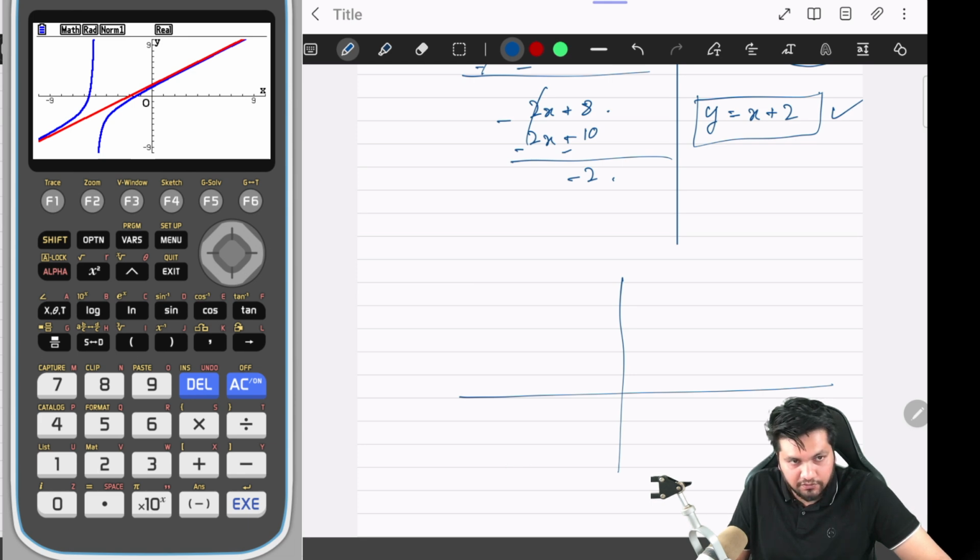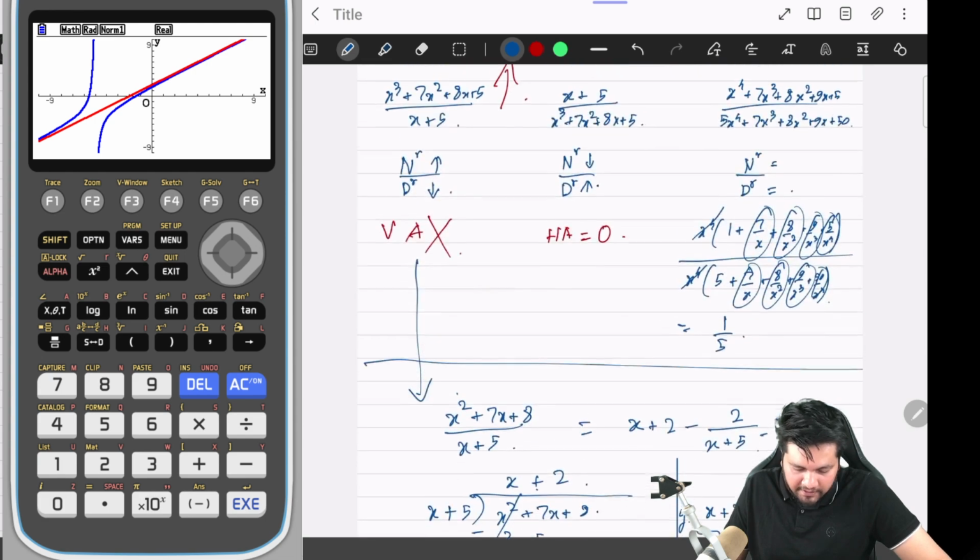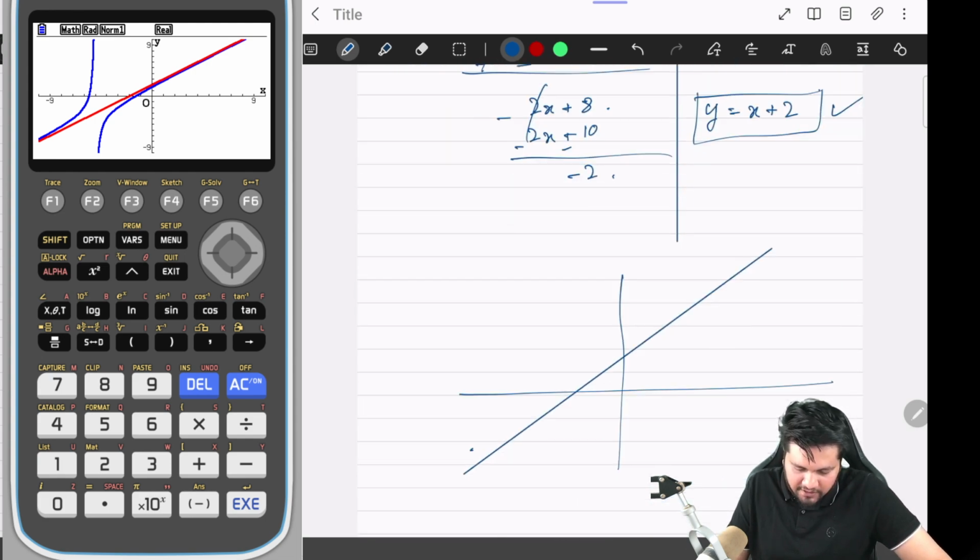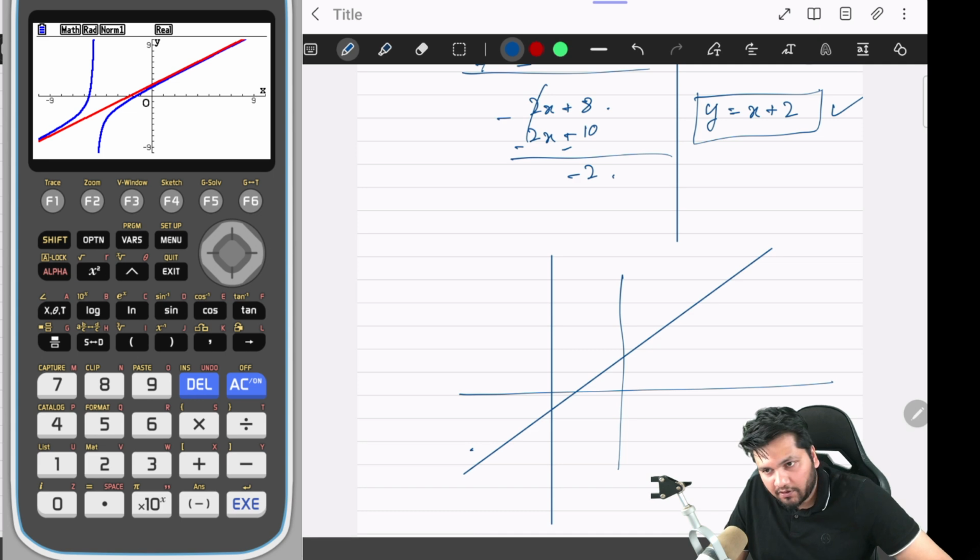So it would be somewhere here. And the vertical asymptote was x plus 5, which is minus 5, so minus 5 will be somewhere here. So this is your vertical asymptote, and this line is your oblique asymptote.